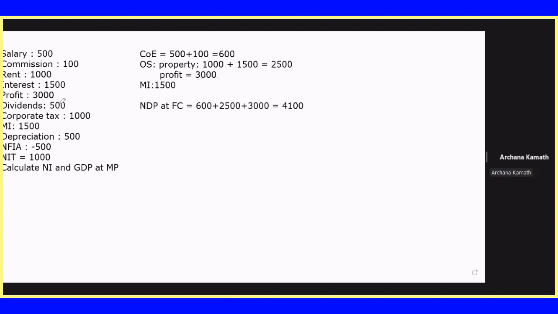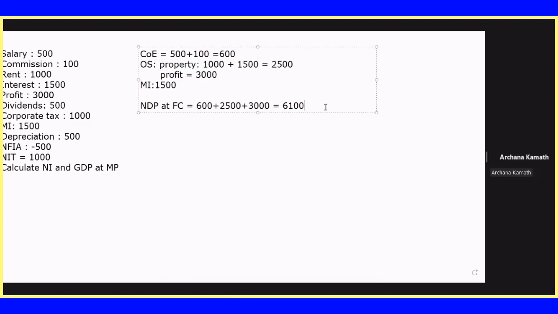Please don't add dividends and corporate tax along with the profit. Am I clear now? So 5,500 and 600 is 6,100. So NDP at factor cost is 6,100.